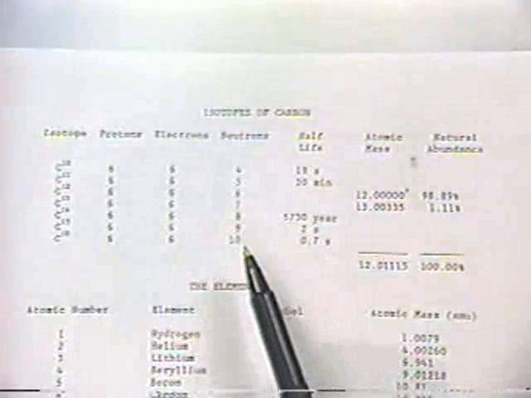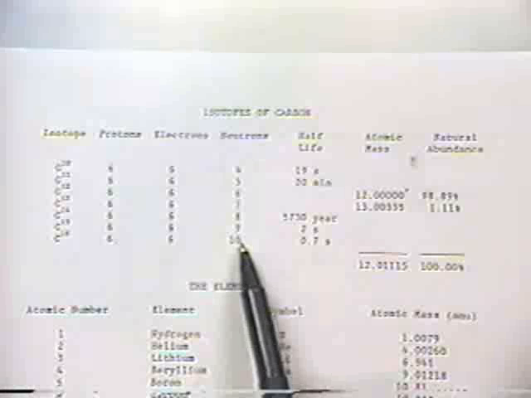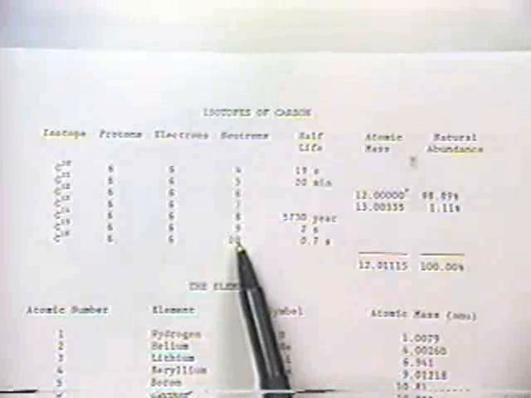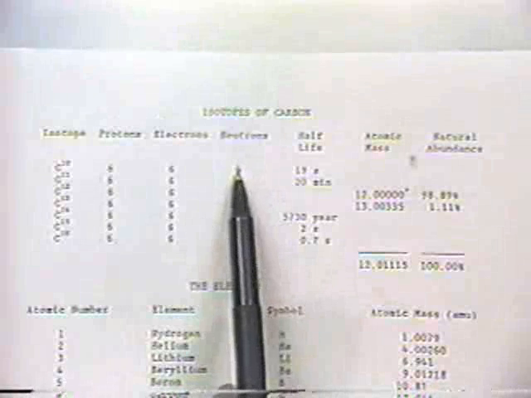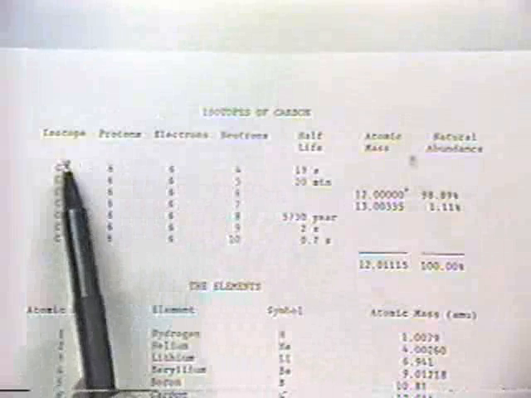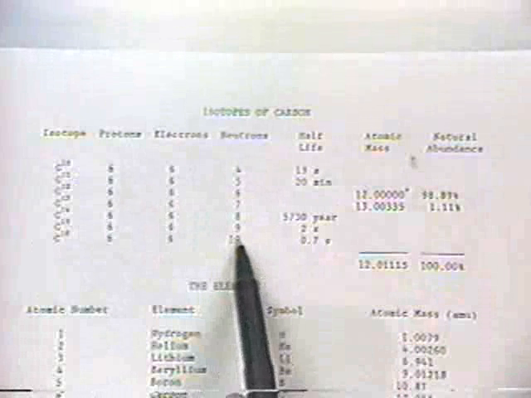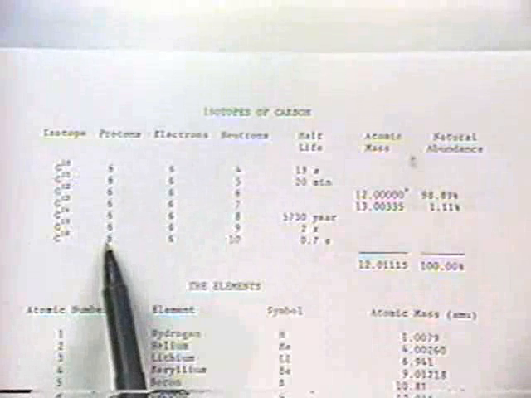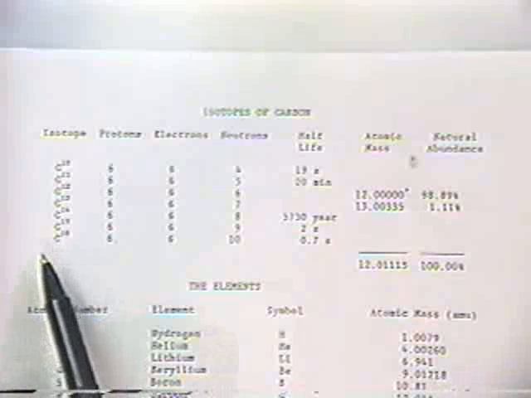Where we get the variety is in the neutrons. We have a range from 4 up to 10 neutrons in these carbon isotopes, and you can see where the number comes from. If I add the number of neutrons to the number of protons, in this case I get 10, so we call that carbon-10. In this last case we have 10 neutrons and 6 protons. We add those together and we get carbon-16.